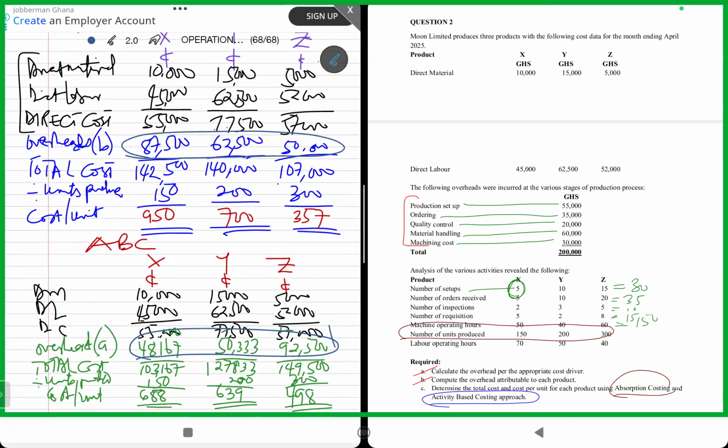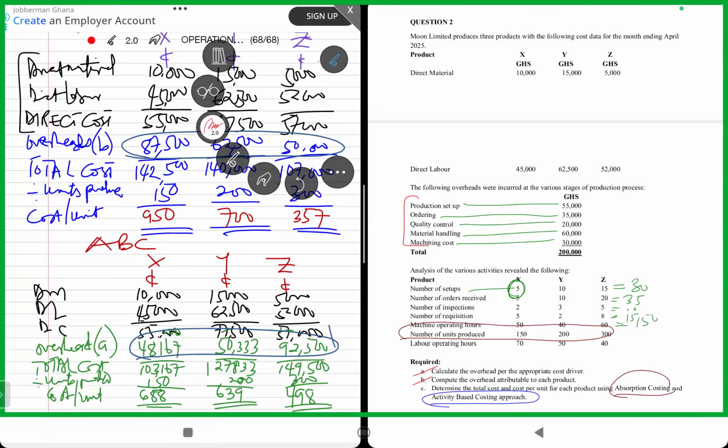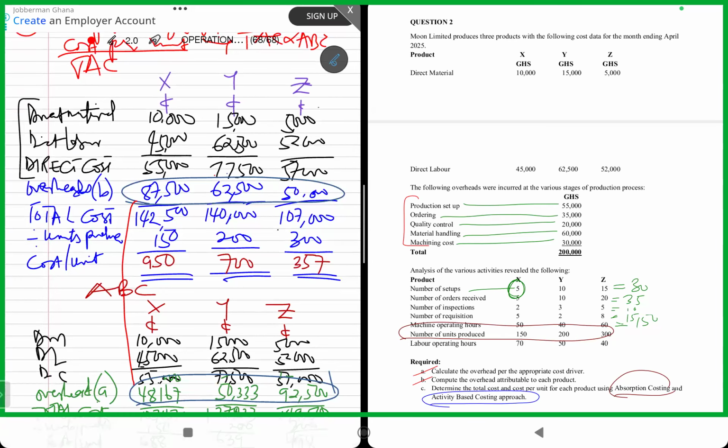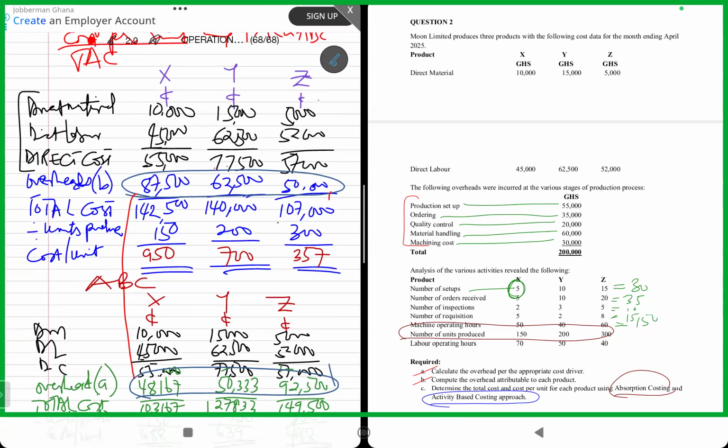But the difference lies within the way the overheads are computed. The overheads keep changing. I hope you get it.